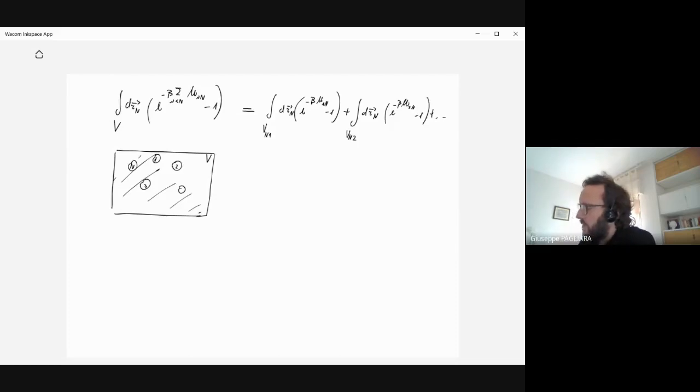I'm separating the total volume into volumes that are very close to particle n and particle 1, particle n and particle 3, so something like a cluster, okay?